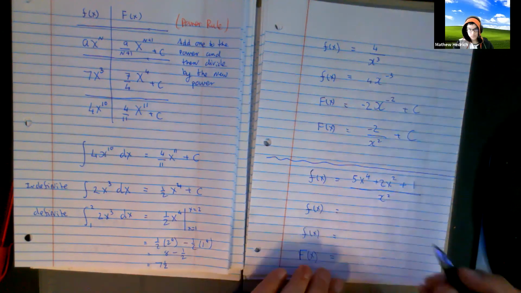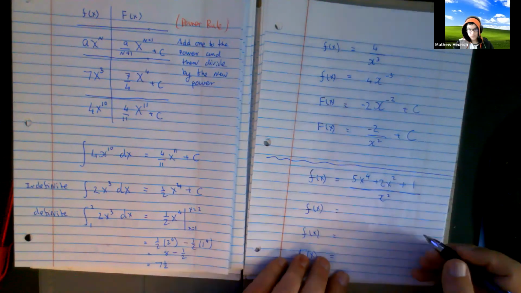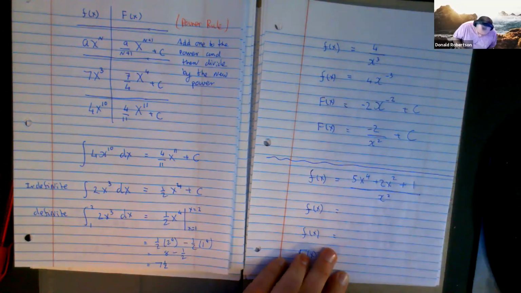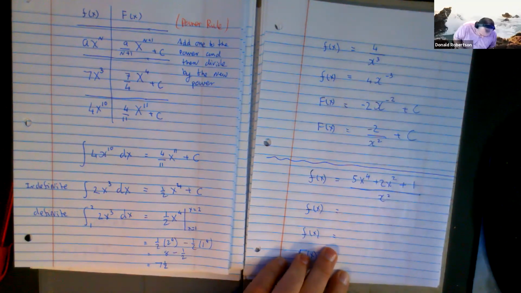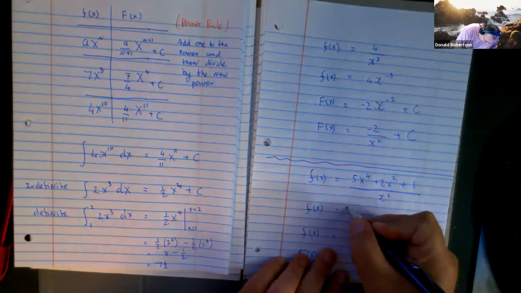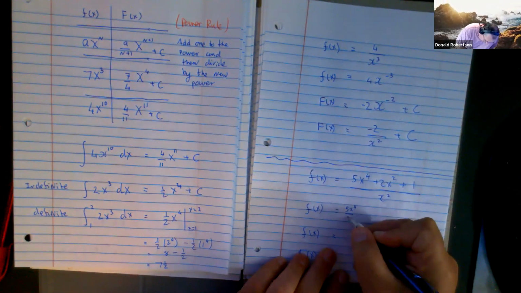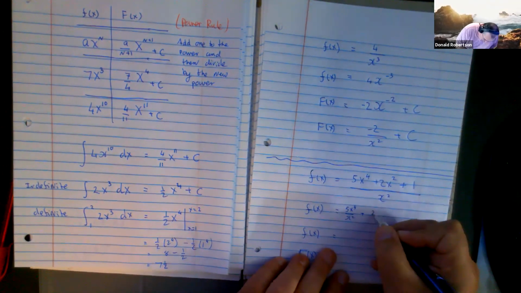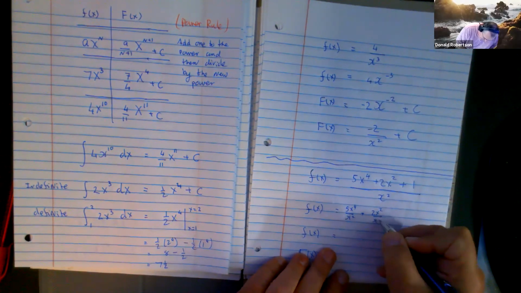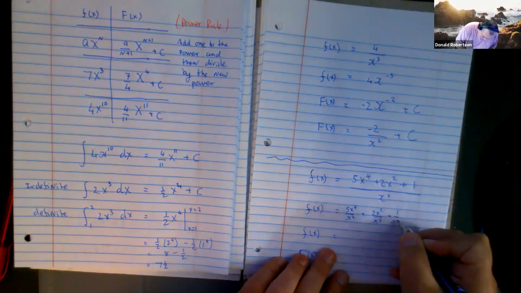Essentially just distribute the dividing by x squared. Right, there are two distinct ways you could say that. Both are equally correct. One of them is that you just broke this up, you distributed it like that.